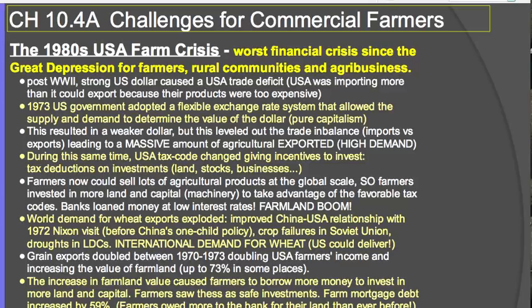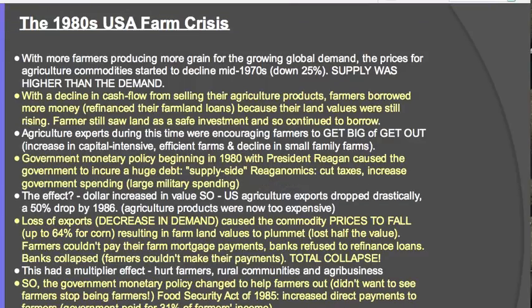So you have more farmers growing more grain with a growing demand, and with supply a lot higher than the demand, you see the prices starting to level off and, in fact, decline.